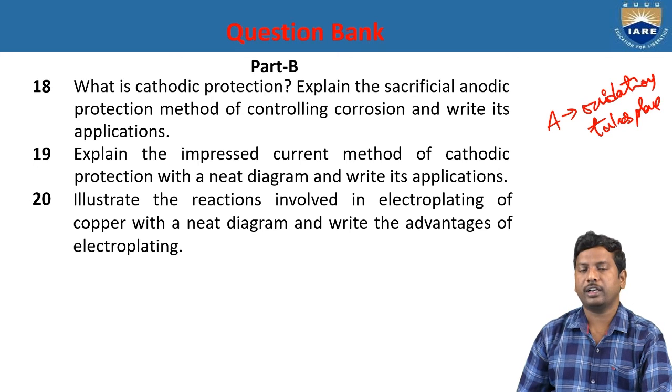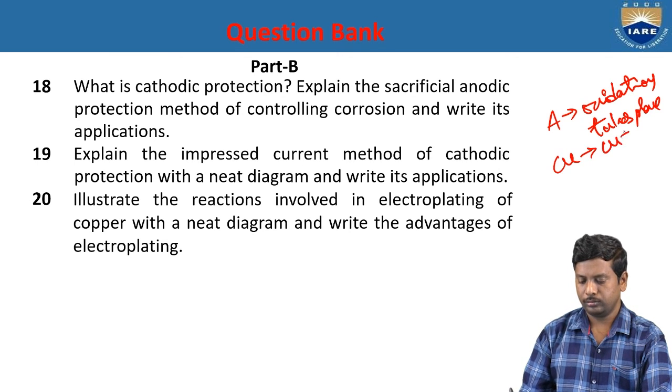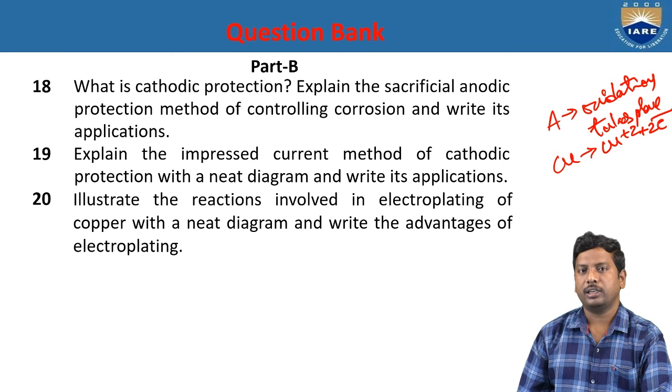So for example, if you take copper, it undergoes an oxidation reaction. And the advantages of electroplating are improvement of the surface coating of the base metal, and it can be useful for many domestic items and kitchenware. So these are the advantages of electroplating.